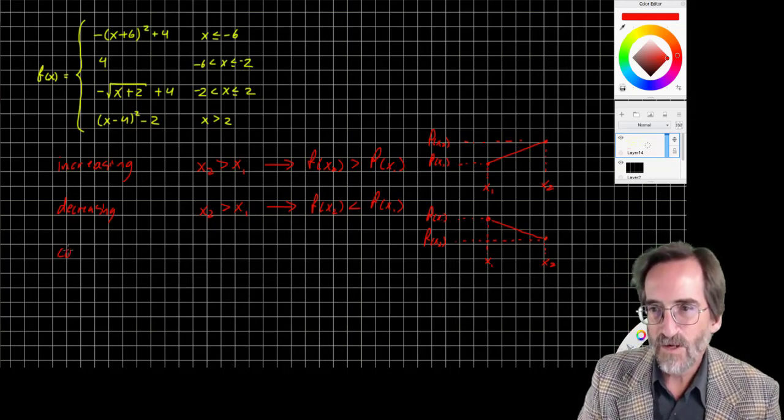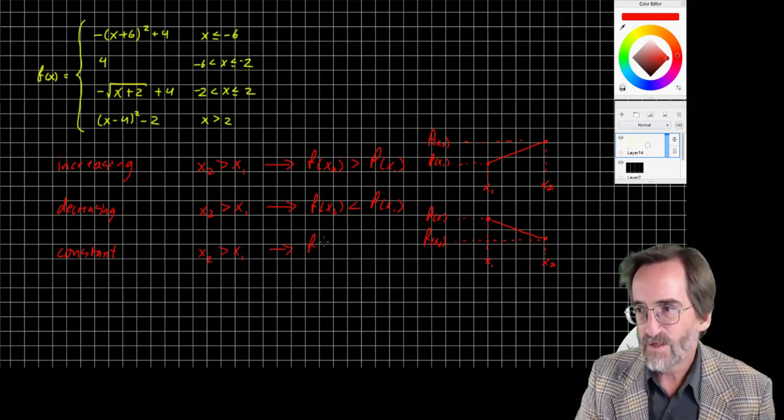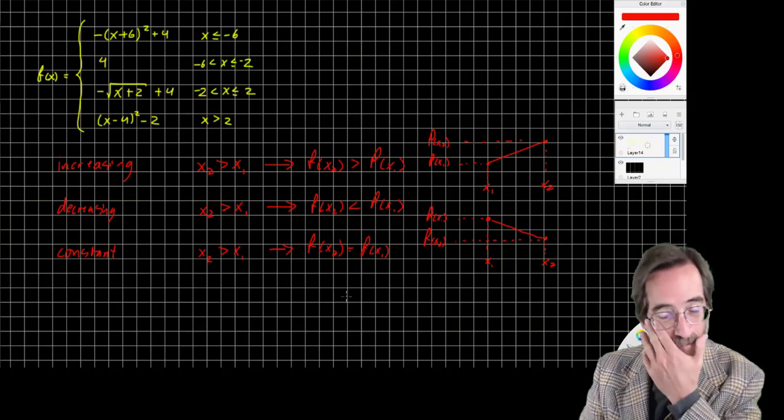A function is said to be constant if we put in two different x values, x2 greater than x1, and f of x2 equals f of x1, over any part of the domain.